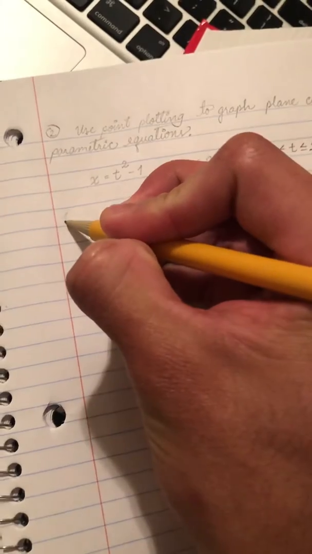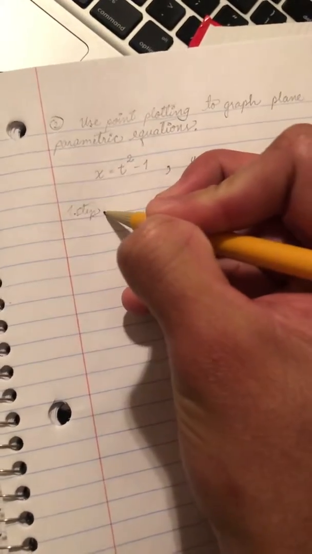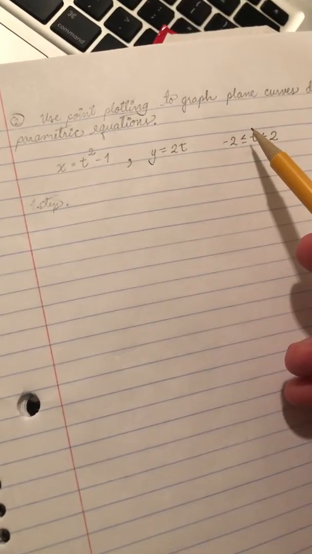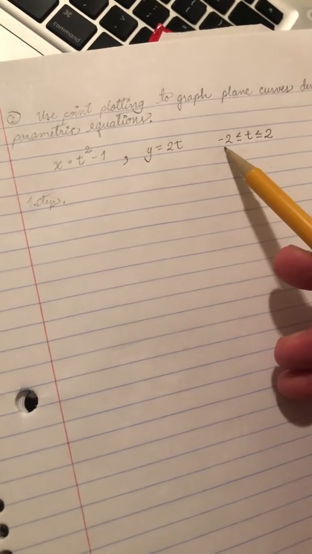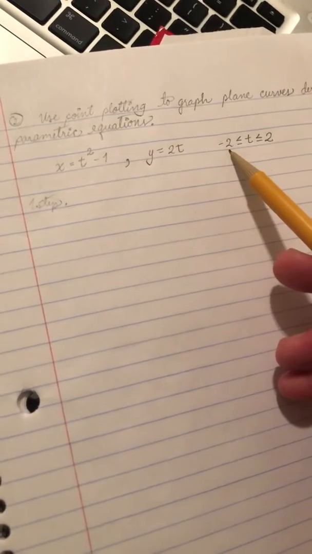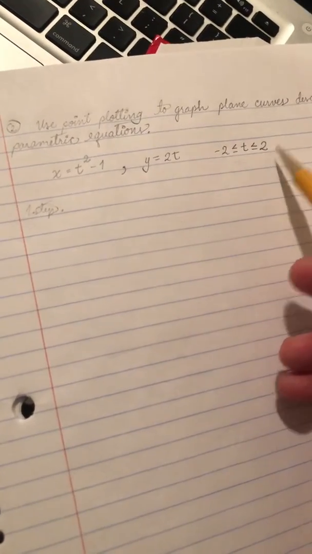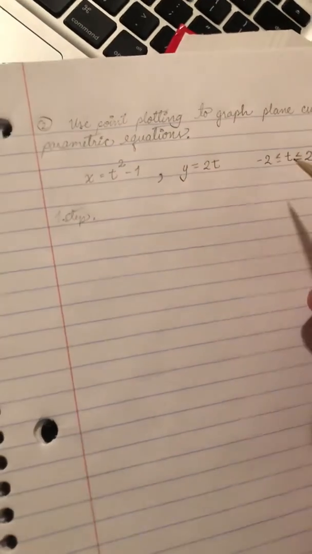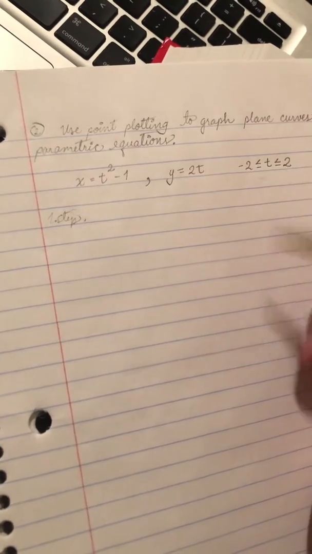So the first step that we have to do here is try to find values of t in this interval. So we have from negative 2 through 2. So we can use negative 2, negative 1, 0, 1, and 2.